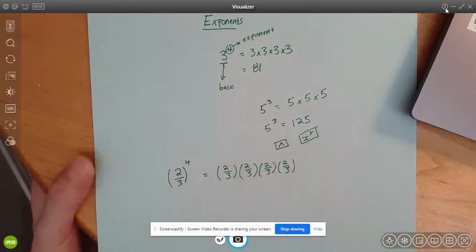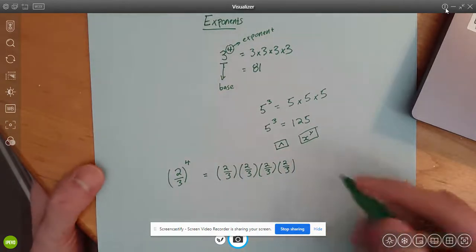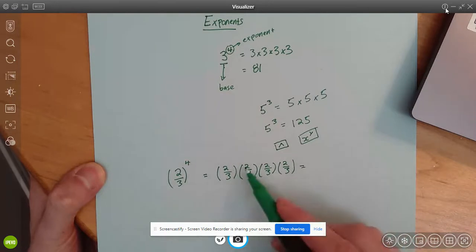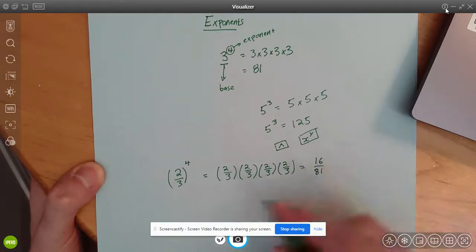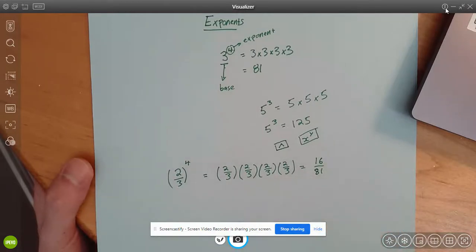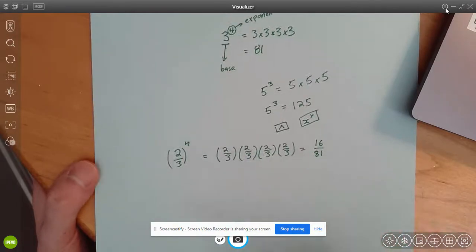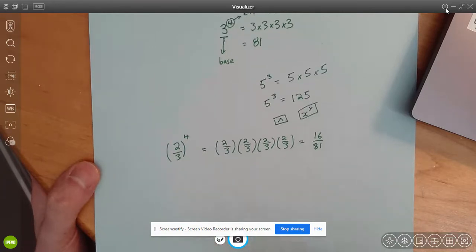This just means I'm multiplying 2/3 4 times. And when we multiply fractions, it's just top by top by top by top. So it'll be 16 over 3 times 3 times 3 times 3 on the bottom, which is 81. So a fractional base isn't an issue because I can do 2/3 to the power of 4.